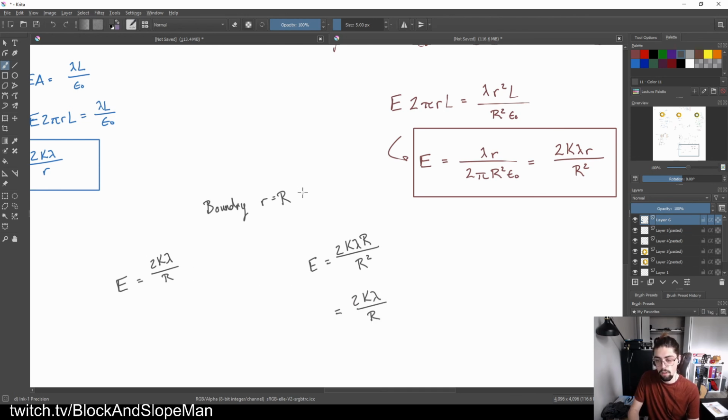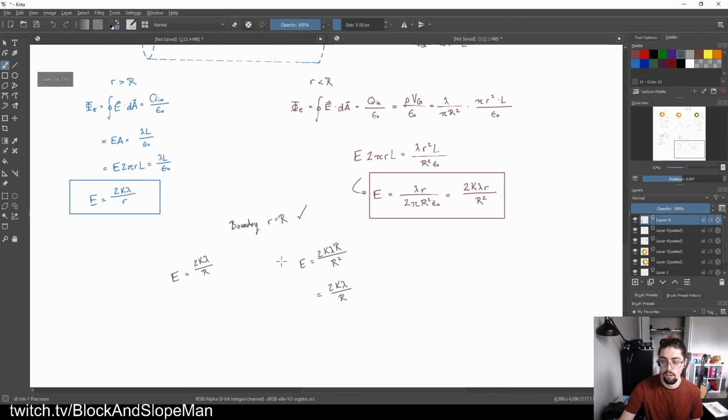We are left with, let me make that check mark look a little bit more convincing, we've got the right thing. The boundaries match, they agree. We've got two equations that define the electric field in these two regions around my cylinder.